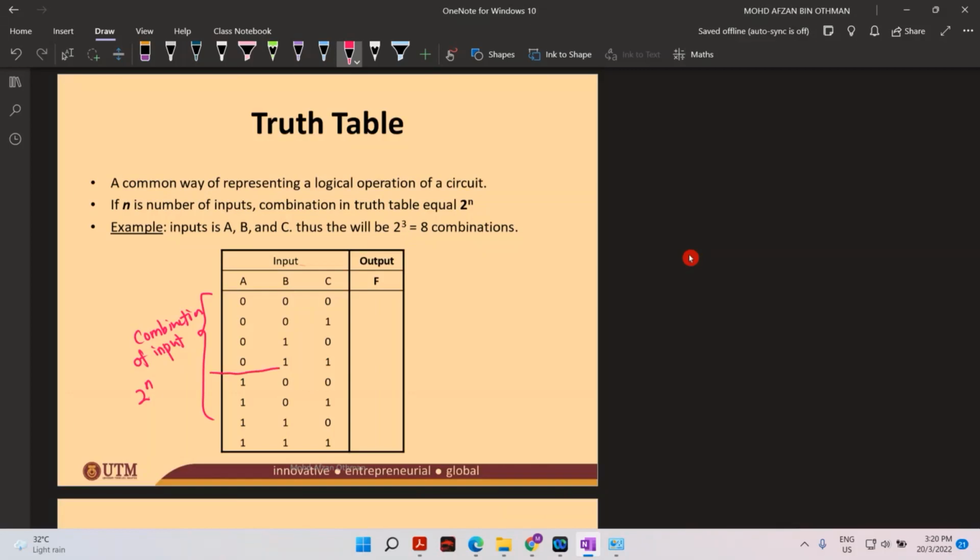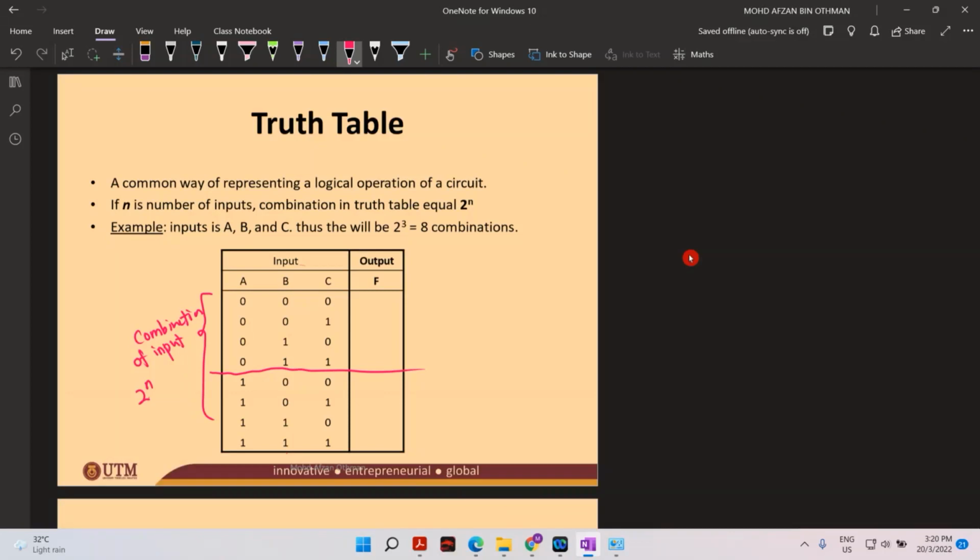Selalunya saya buat tengah-tengah ni, senang saya nak segregate between yang atas dengan yang bawah. 0101 8 kali, and then followed by yang tengah 0011 0011, and the most significant bit is 0000 followed by 1111. So this is the way kita nak buat truth table.